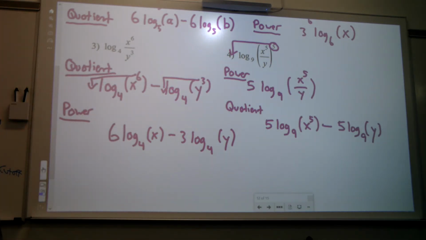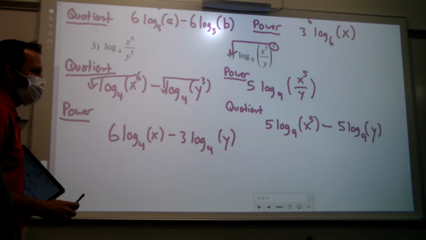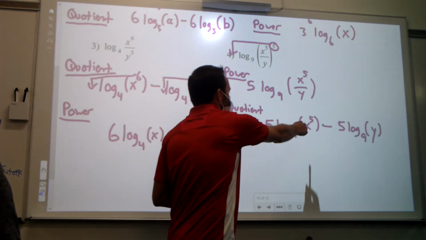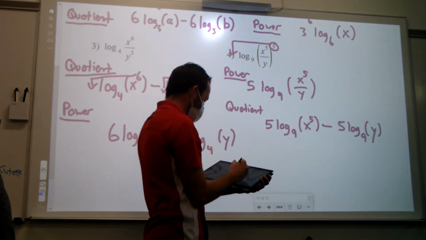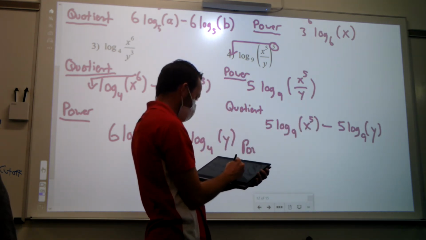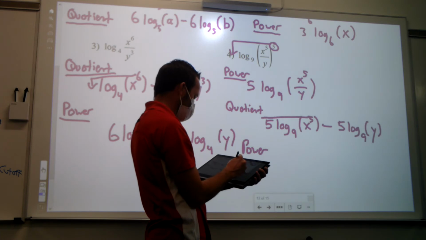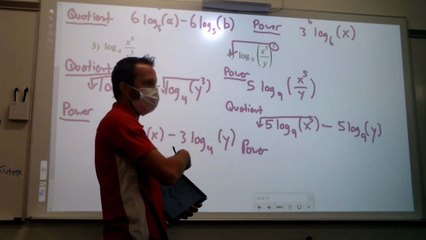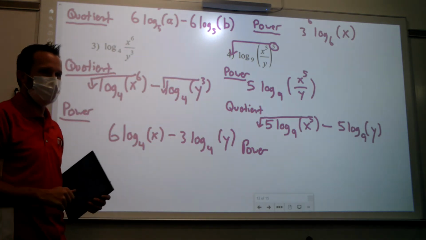Good. We've got one more thing that we can do here. And Brianna, do you see what that one more thing is? The what now? Yeah, this 5 here? Awesome. So we're going to use the power property again. Bring that 5 down. Now what will that 5 do to the other 5 that's already in there?